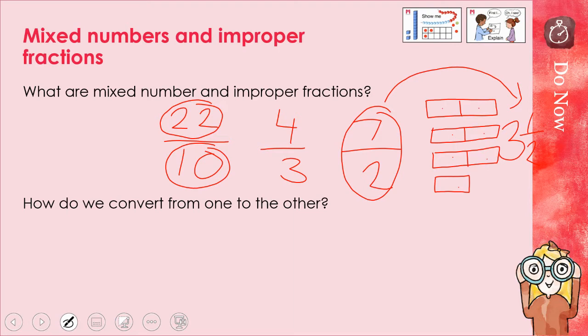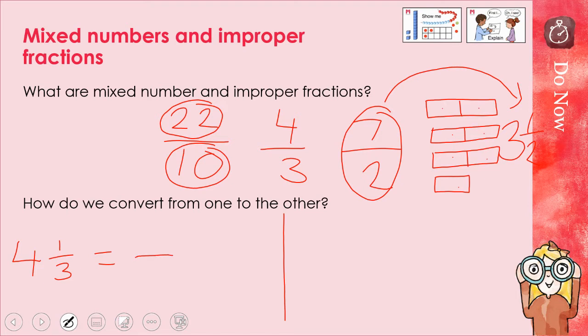So let's spend a little bit of time just reminding ourselves how to do it. Let's start by converting a mixed number into an improper fraction. Let's have 4 and a third, a mixed number. Converting it to an improper fraction, what I need to do is keep the denominator the same.